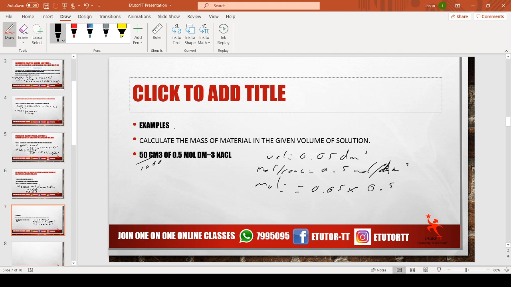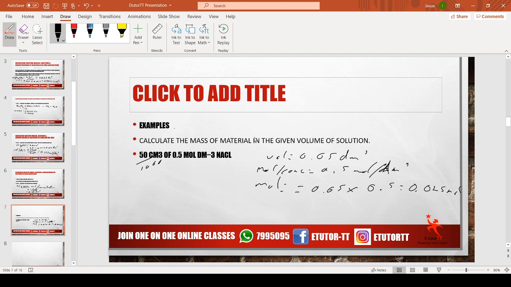So 0.05 by 5. Let's put that out. So we get 0.025 moles. That's the first step. Now we want to calculate in grams.